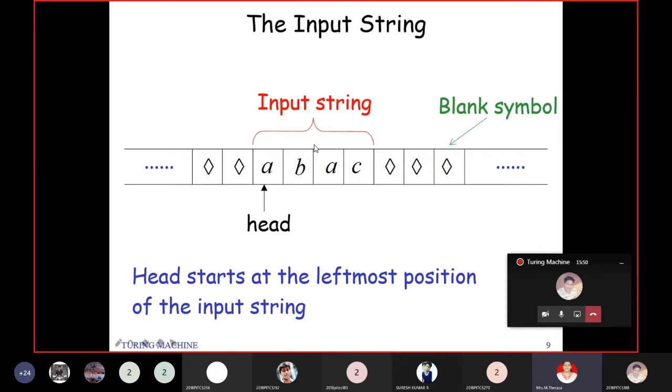But your tape head points to the first symbol of the input string. So the tape head starts at the leftmost position of the input string. Always, for any valid input string, in the initial state the read-write head is pointing to the first symbol of the string.